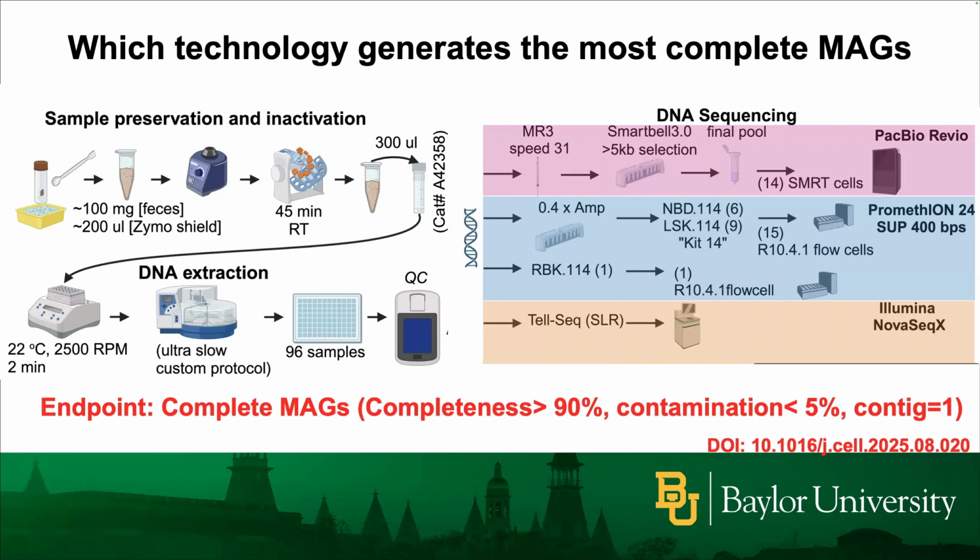So we're using the best approaches available at the time for the technologies, and then we also ran this through a synthetic long read approach with Illumina. And our primary benchmark or endpoint we're looking at is the total numbers and the quality of the complete MAGs, defined by completeness more than 90%, less than 5% contamination, and a single contig.